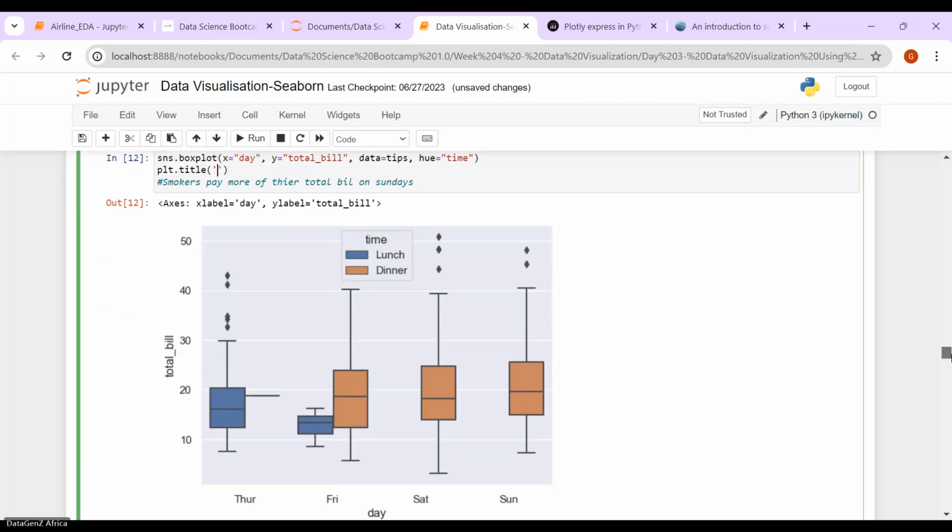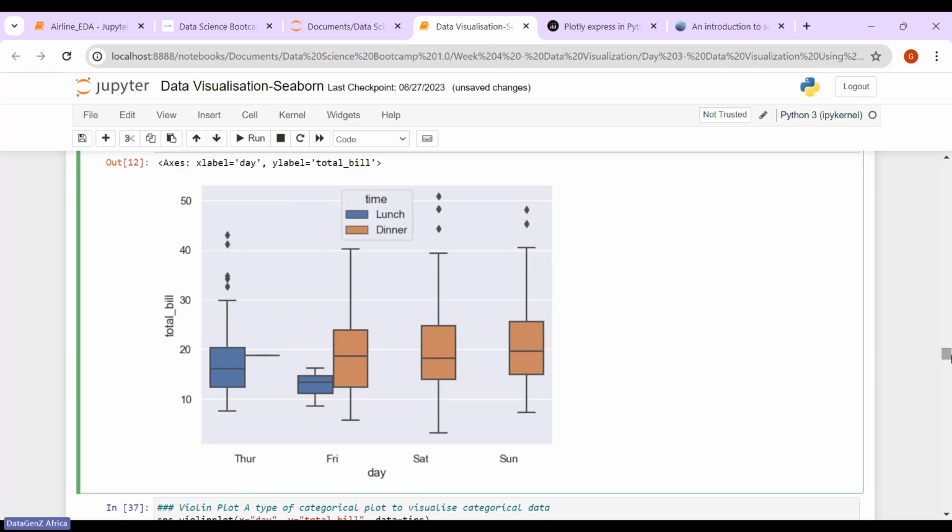here you can see the relationship between lunch and dinner on Thursday. This is another story, right? People are actually eating lunch on Thursday. On Friday, they ate lunch. They ate more of dinner on Friday compared to lunch.